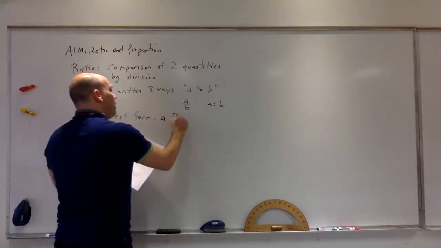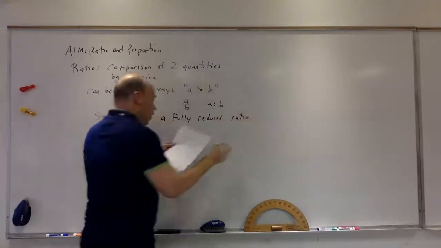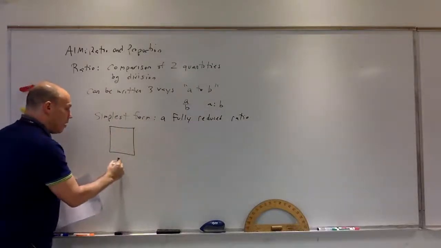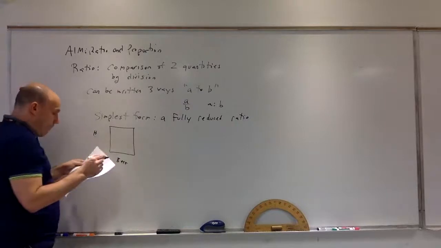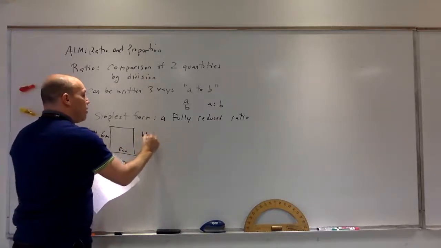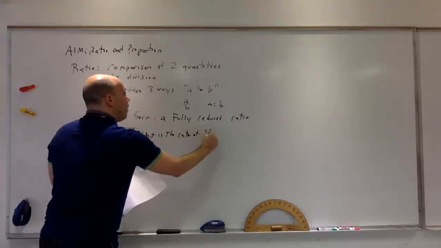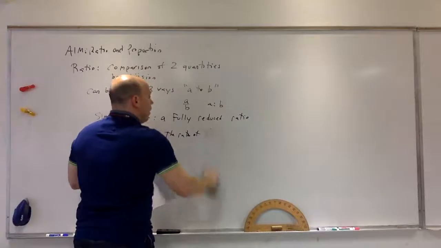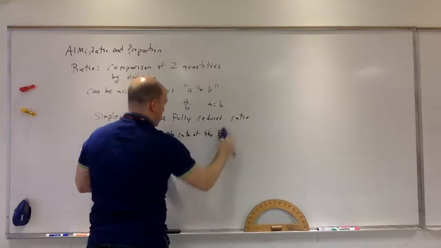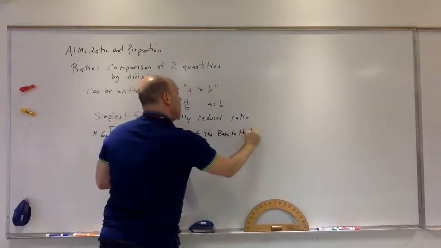So I might give you a rectangle, and this is the base, and this is the height, and I might say it's 6 centimeters to 8 centimeters, and I might ask, what is the ratio of the base to the height?